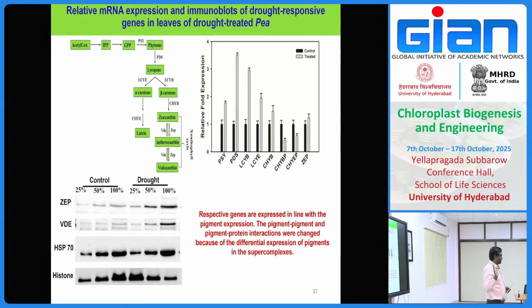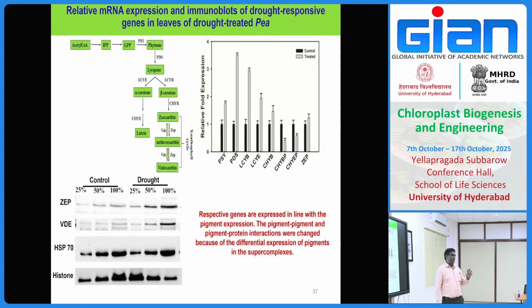If you want to go through it, we can go through our laboratory work and published papers. We also checked using RT-PCR or Western blotting to reconfirm whether whatever we have done is correct. We used ZEP, that is zeaxanthin epoxidase, and violaxanthin; all of these you can see in the drought condition have significantly increased.